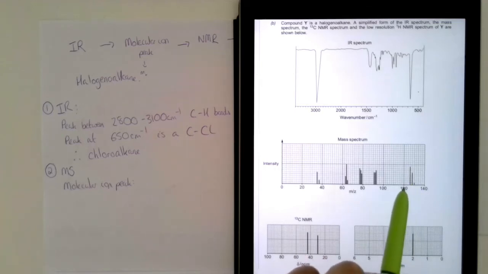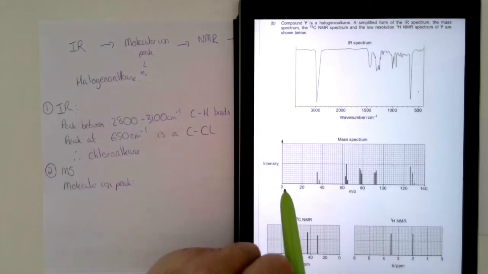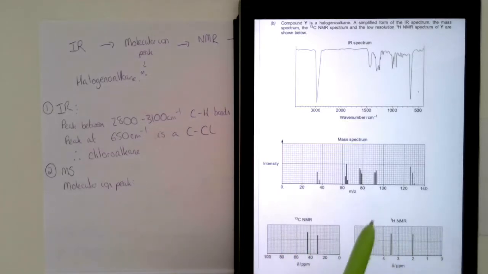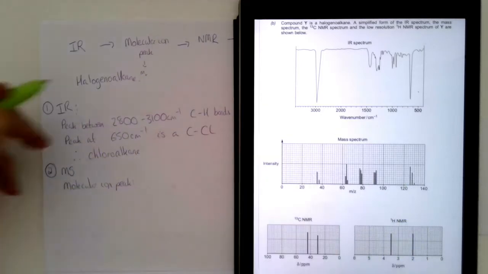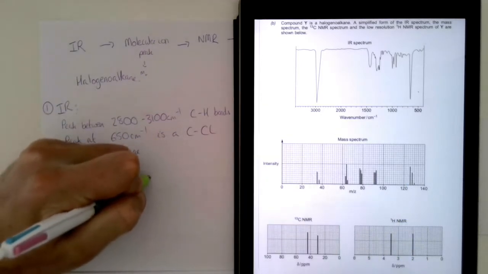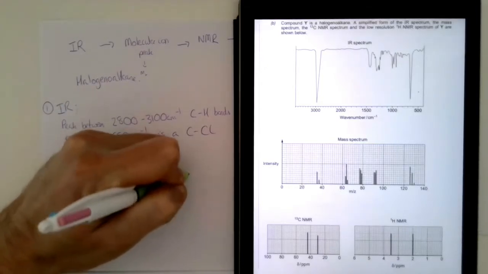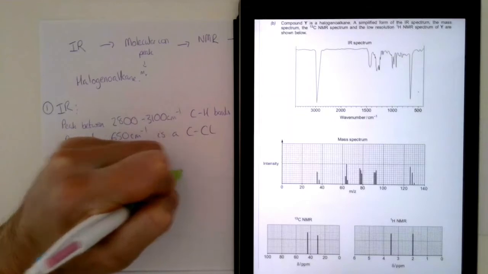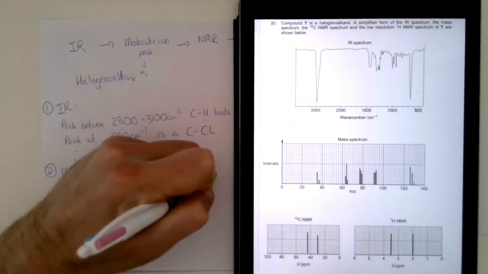But if we just use the one with the highest number, so what's this going up in? Twos. 2, 4, 6, 8, 10. So molecular ion peak is 130. So the Mr equals 130.